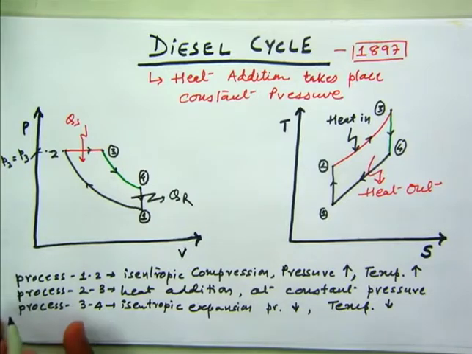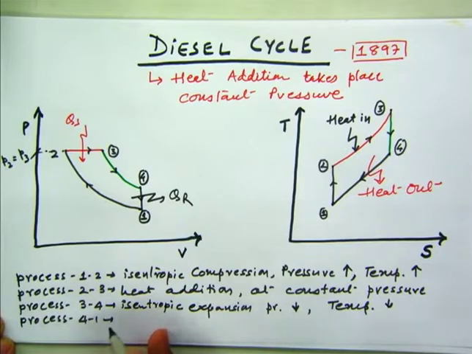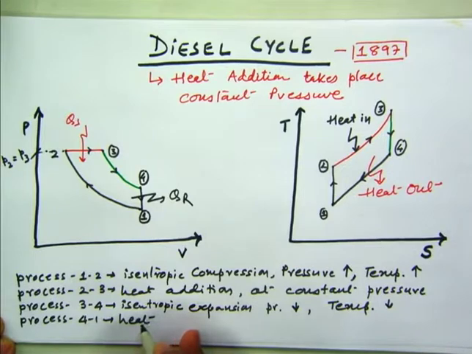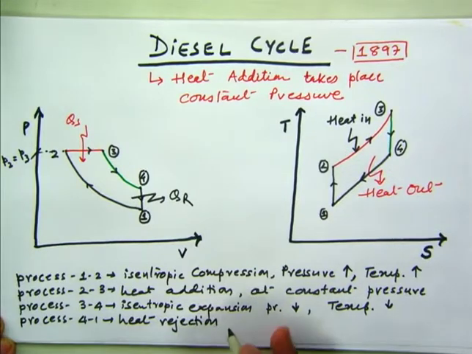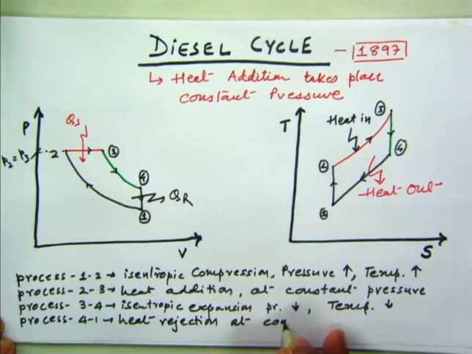So in process 4-1, heat rejection is carried out at constant volume.